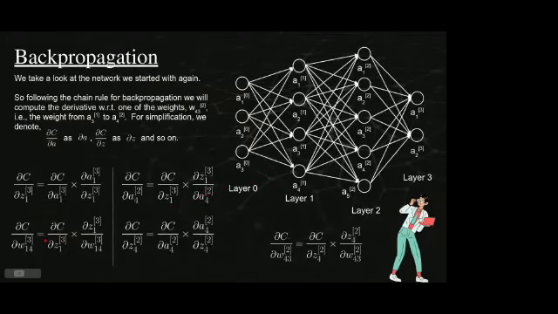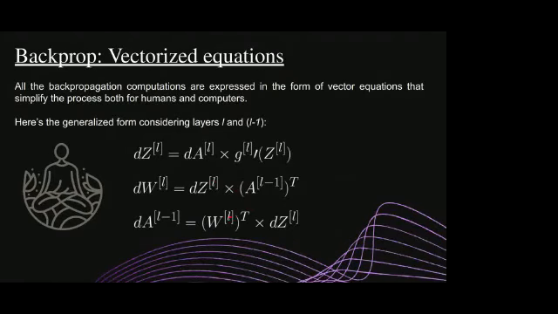That's what we found out here, that was A. And here it was W. To find the derivatives with respect to the previous layer inputs, that's the previous layer activations, we multiply dZ of that layer with the weights that are coming from it.